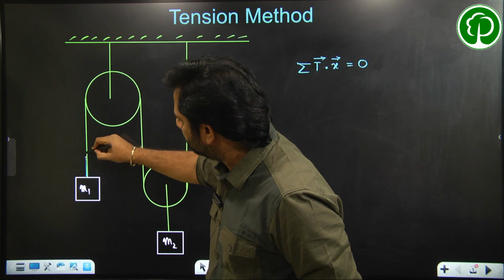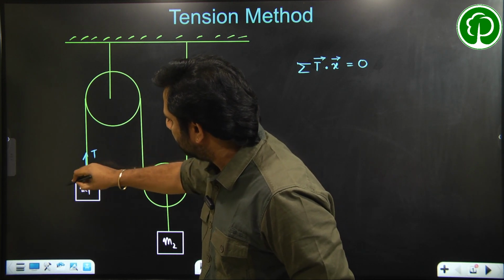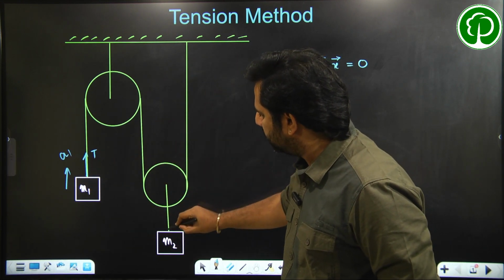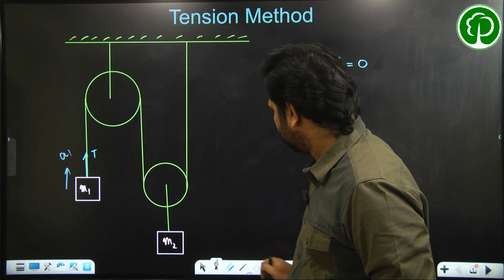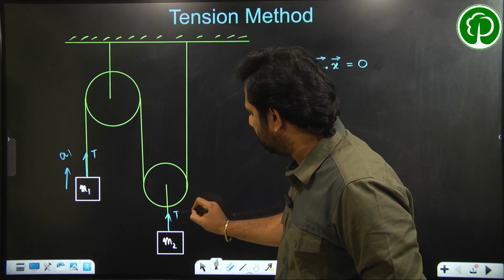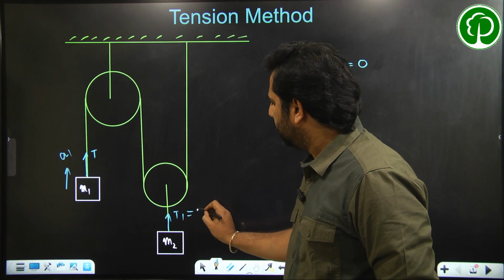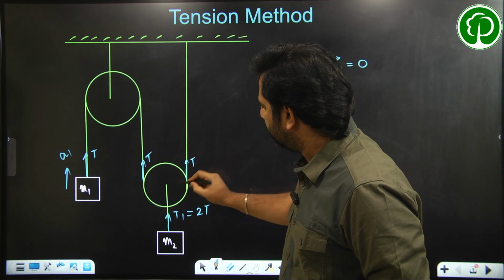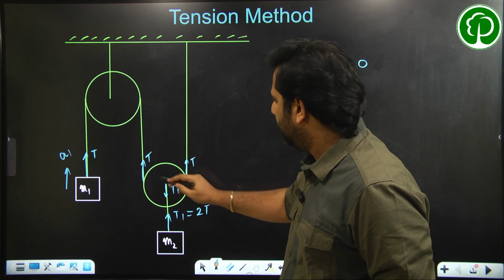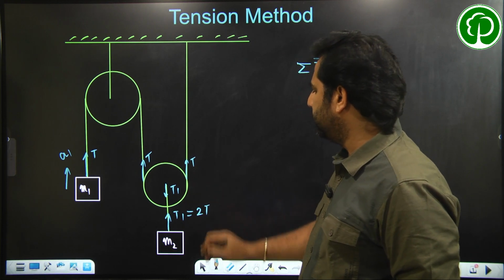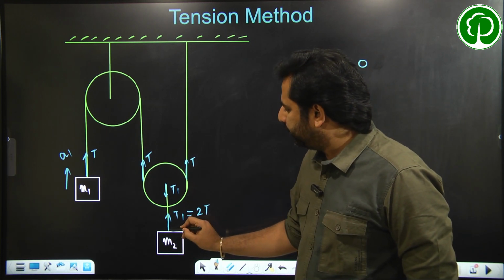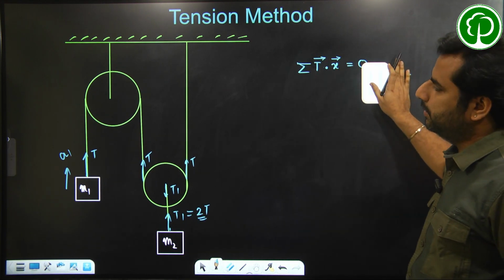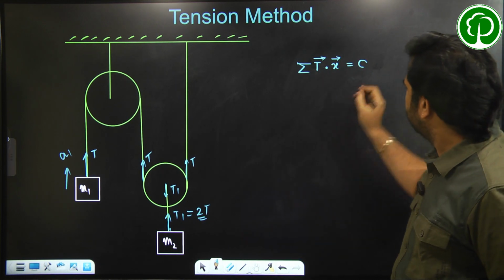Say the tension here is T. Say the acceleration of M1 is A1, and the tension in the other string, let it be T1, which is equal to 2 times the tension T. Because this is T and T, if you draw the free body diagram of the pulley, T and T is up and T1 is down, so T1 is equal to 2T. So on the block M2, the tensional force is T1, which is equal to 2T. So total work done by the tensional force on the system is 0.